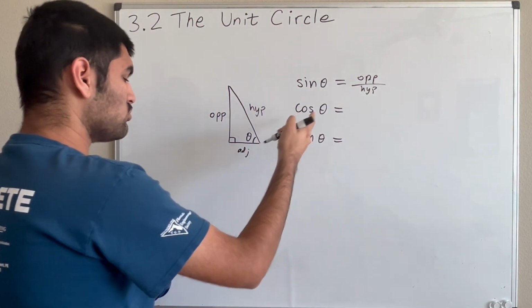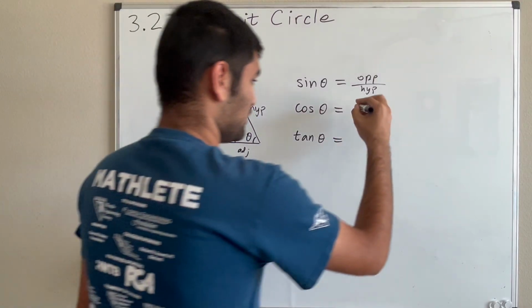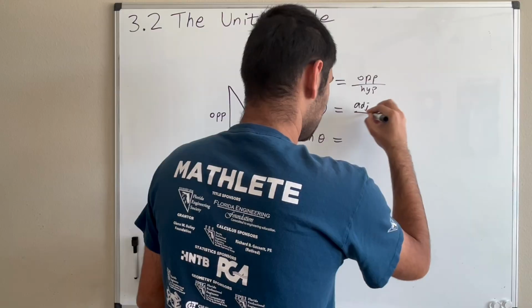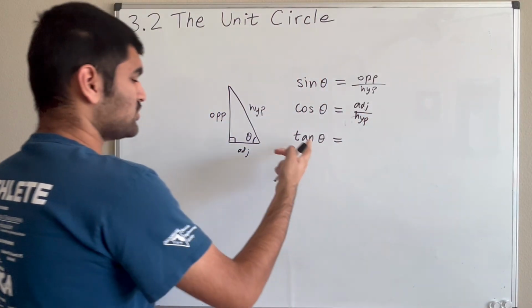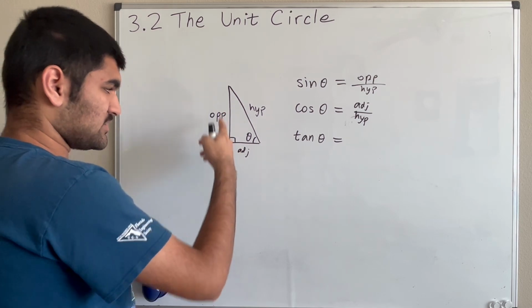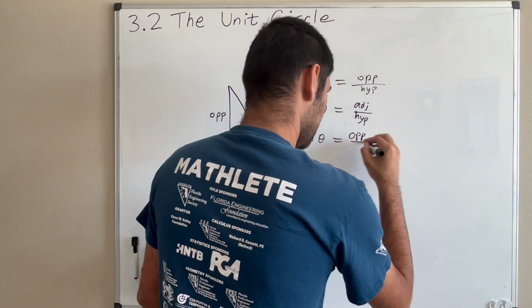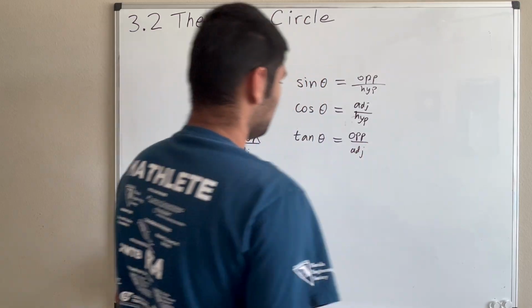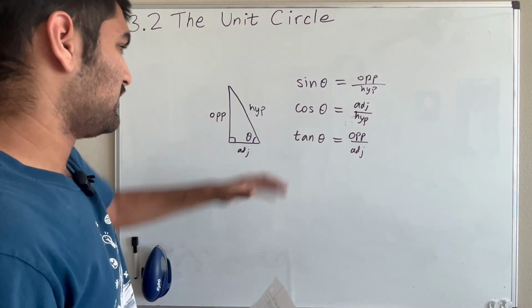Okay, cosine of theta is defined as the adjacent side over the hypotenuse. So adjacent over hypotenuse. And then tangent of theta is defined as the opposite side over the adjacent side. So opposite over adjacent, right? So these are the definitions of the three main trig functions.